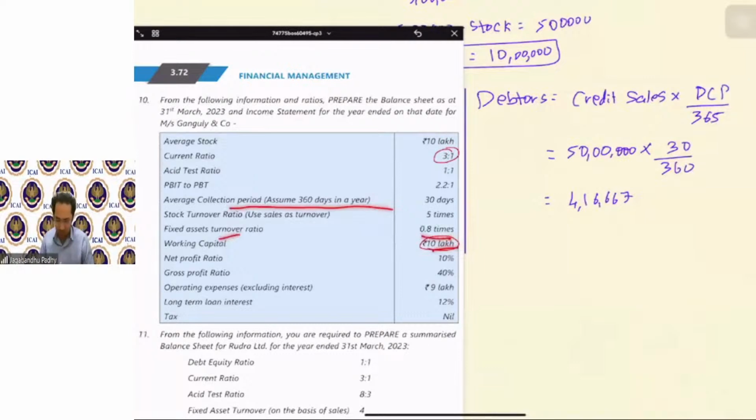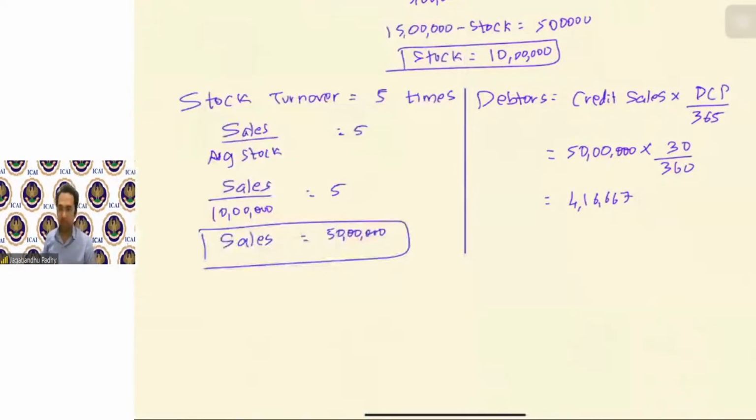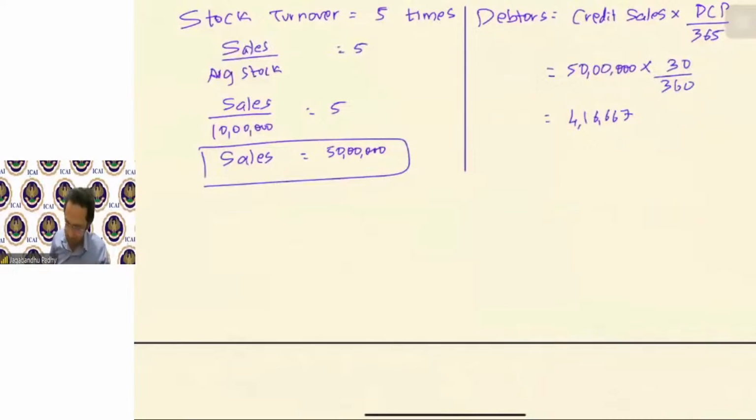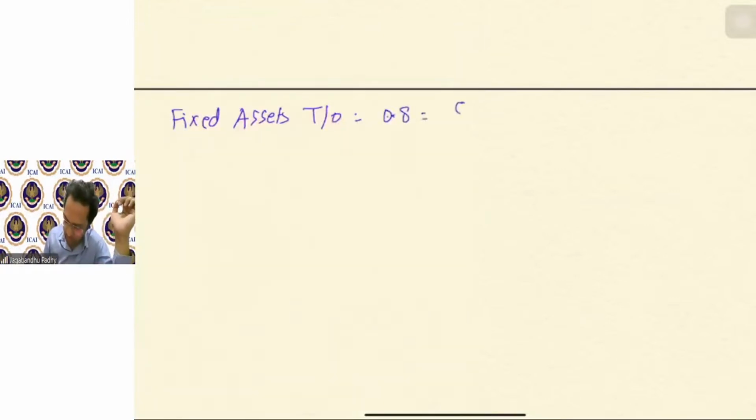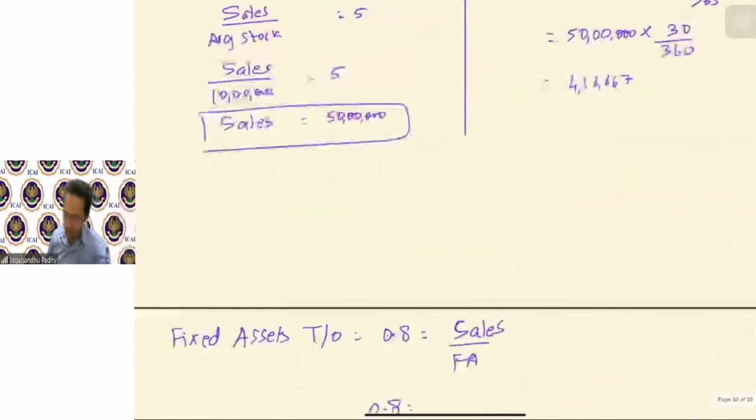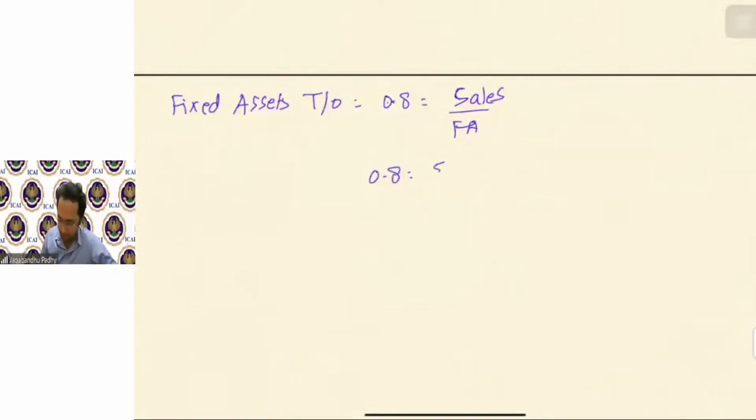Fixed asset turnover is given over here. From this we can get the value of fixed assets. Let's use the fixed asset turnover ratio. Fixed assets turnover is 0.8. When I say 0.8, it will be sales upon fixed assets. So 0.8 is equal to sales of 50 lakh on fixed assets.